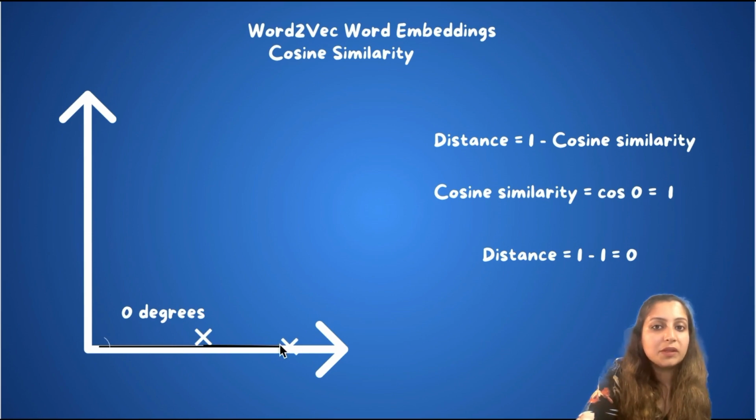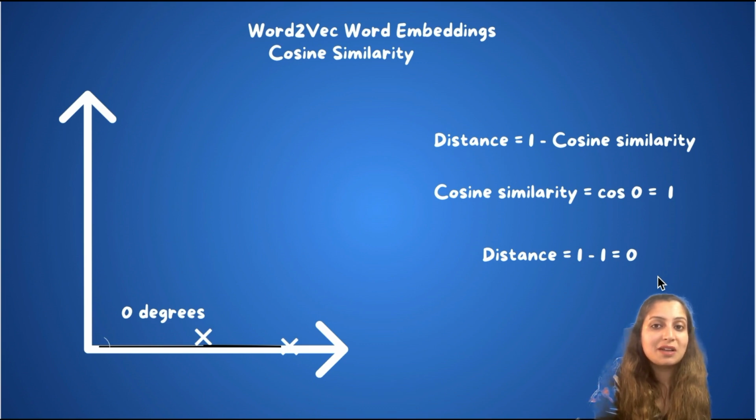When the angle between the two vectors on the same two-dimensional vector space is 0 degrees, what happens then? In that case, the cosine similarity would be cos of 0, which is 1, and the distance would be 1 minus cosine similarity, which would be 1 minus 1, that is 0. So essentially the distance between the two vectors would be 0, that is they are not apart at all. They are quite similar.